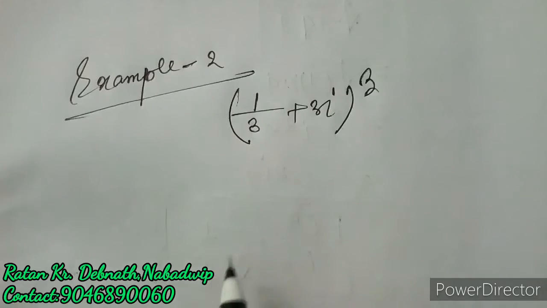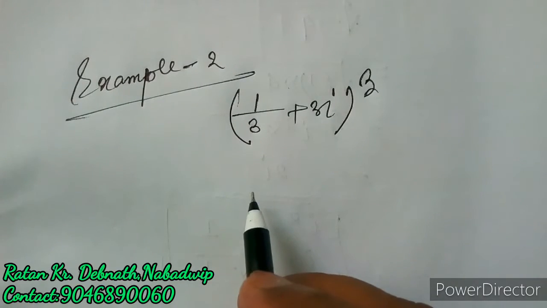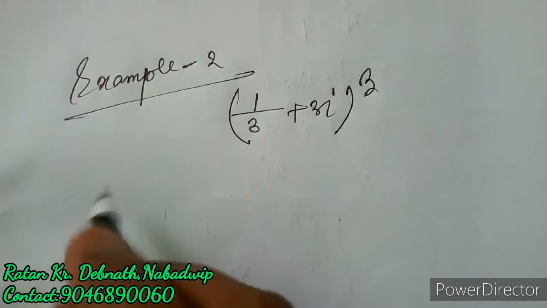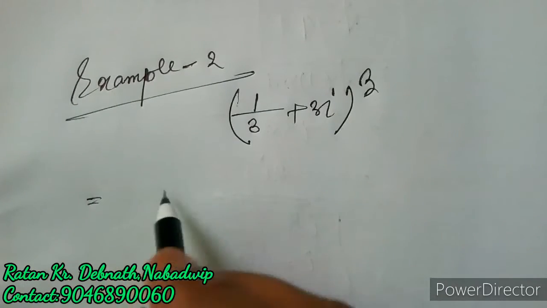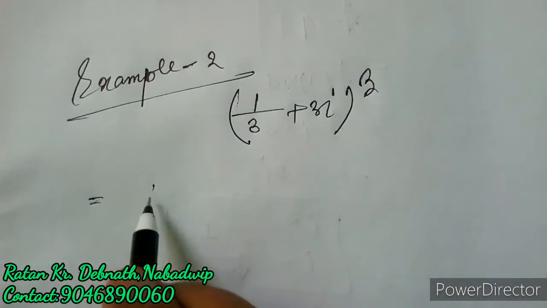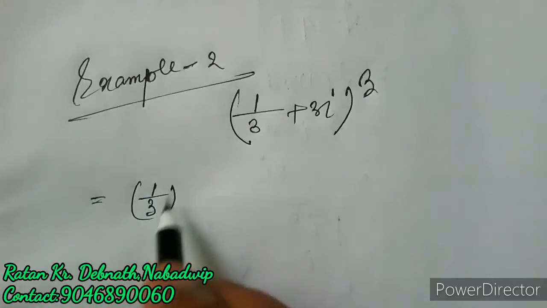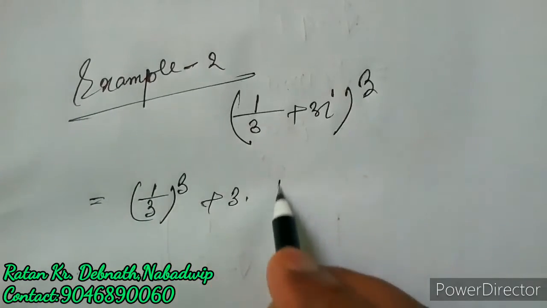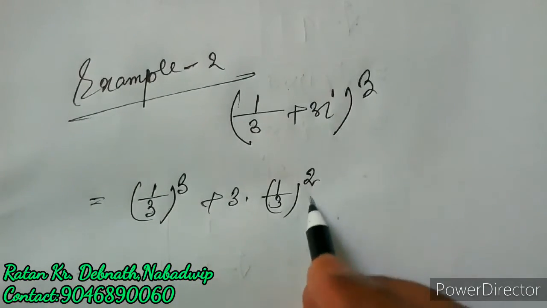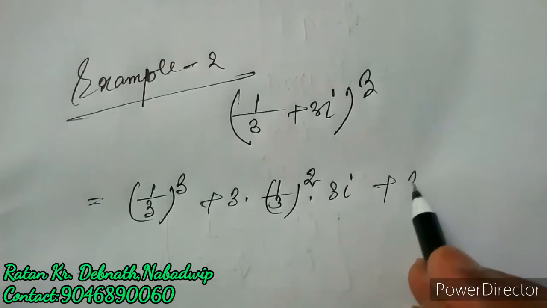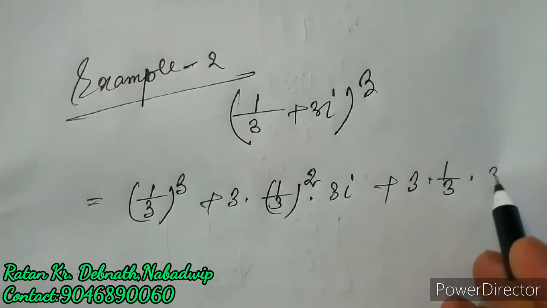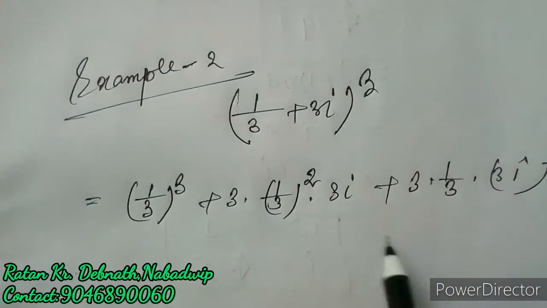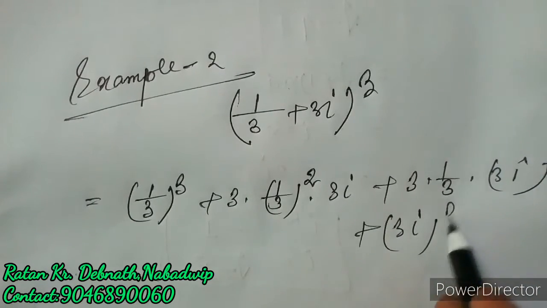Example 2 on the screen. You have to write it in a plus ib form. (a plus b) whole cube means a cube plus 3a square b plus 3ab square plus b cube.